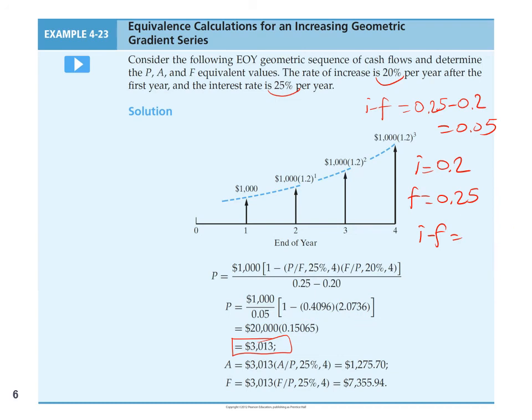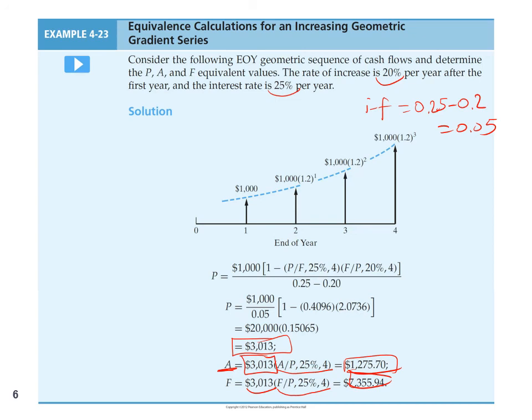After obtaining the present worth, how can you find the future or annual equivalent? Simply for annual equivalent, we multiply the present worth that we obtained by the factor A given P, 25% and 4, and you would obtain this result. And for future worth, we simply multiply this by the F given P formula, and we would obtain this future worth. So you don't need to know a separate formula for the annual or future equivalent.